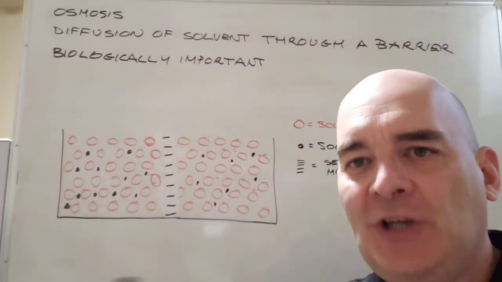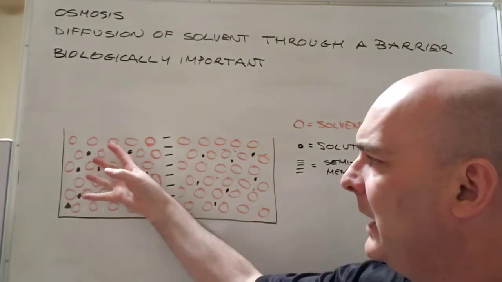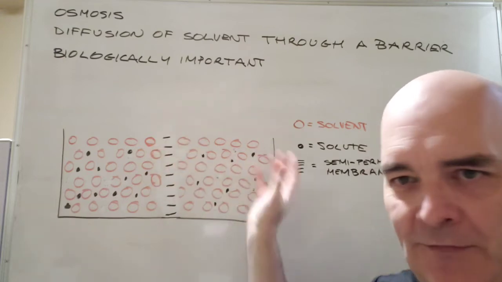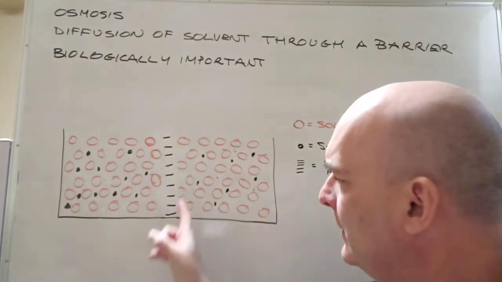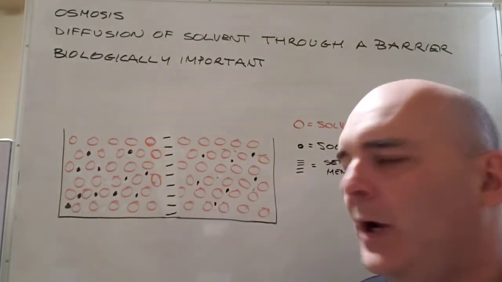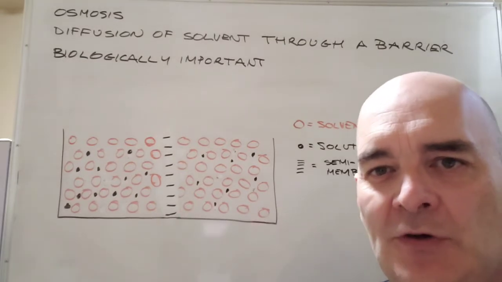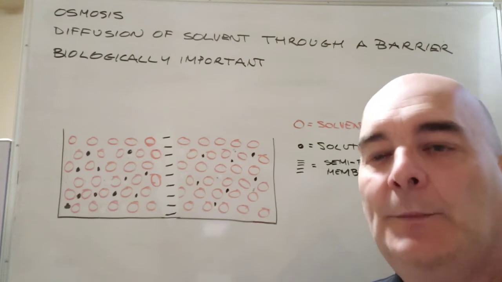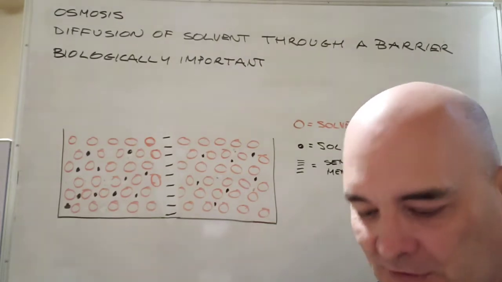One is we could just allow diffusion to happen and the solute would move and even each other out by diffusion. But there's this semi-permeable membrane here, and the membrane is not allowing the salt to travel, but it will allow the water to travel.